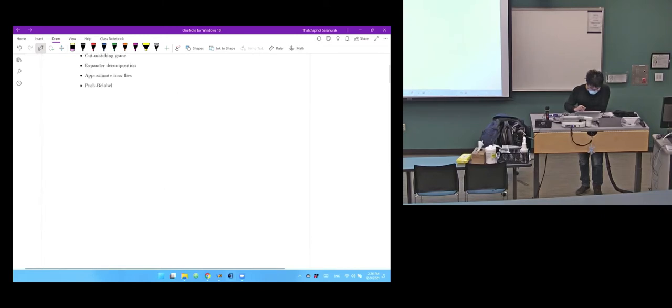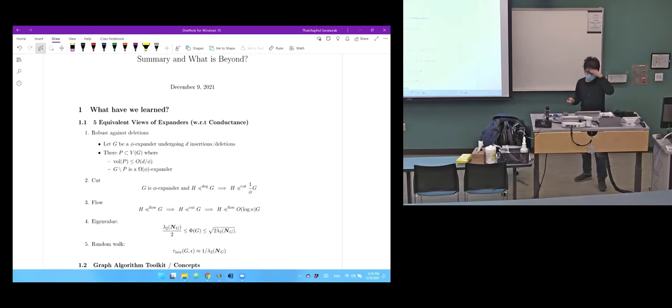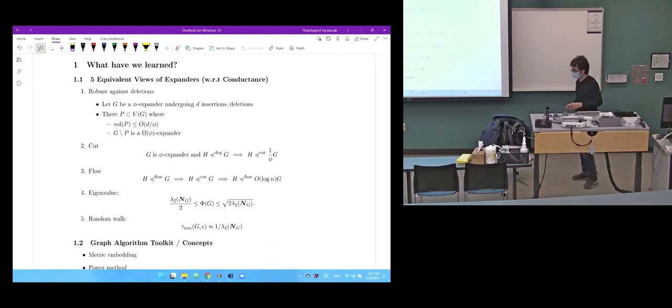So let me give you some summary of the class. The class basically has 2 parts, and the first part is more about the structure of expanders. We have seen basically 5 equivalent ways to look at expanders. The first is robustness against deletion of the graph.